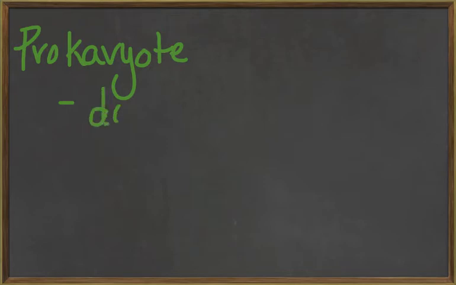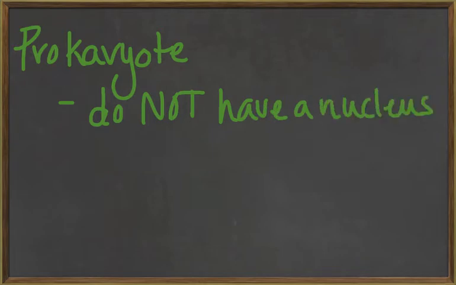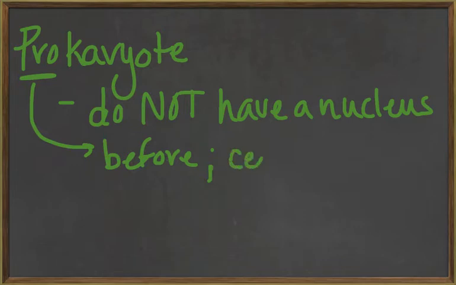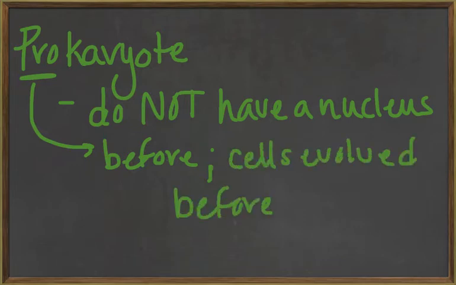Just so you know, though, a little bit more about what it means to be a prokaryote. Let's reiterate this: they do not have a nucleus. And one thing you could take off of this, pro means before. So what this basically means is that these cells evolved before the nucleus. So these are really old. They were around way longer than any eukaryotic cell that has a nucleus.